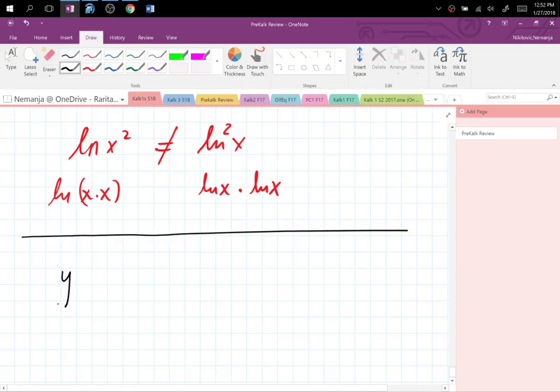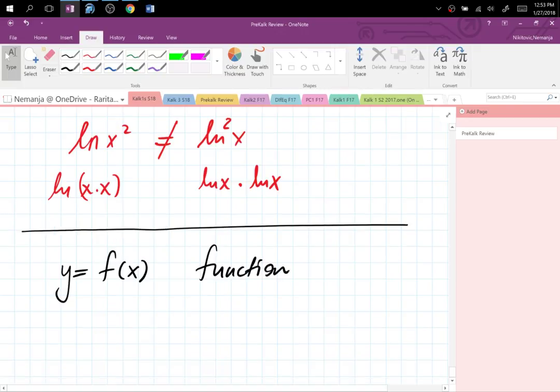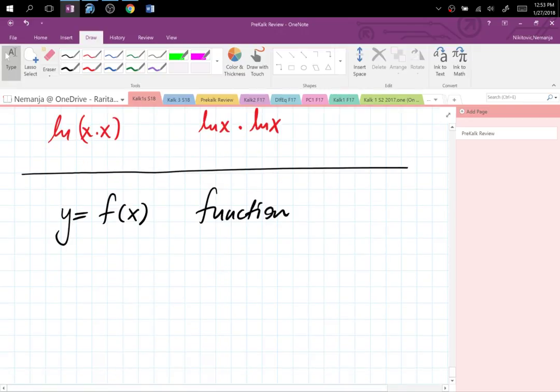So we have a notion of y equals f of x, which is a function. The perfect example would be y equals x squared, which passes the vertical line test, and we know it's a function, so it's all nice and cool, right?